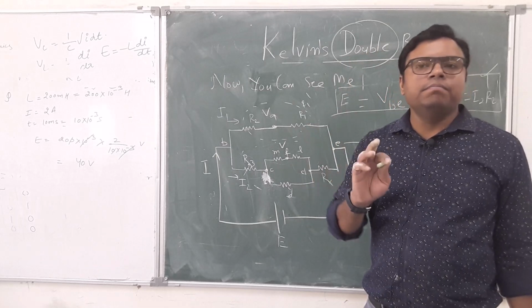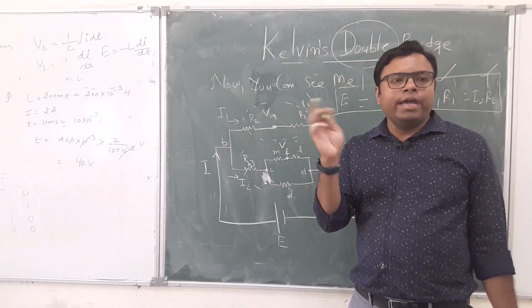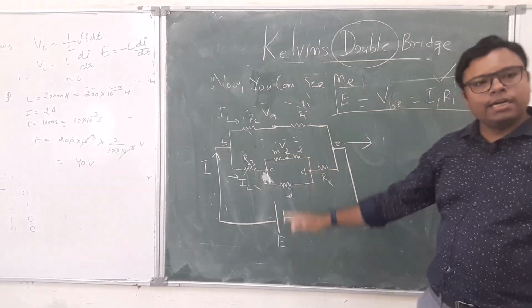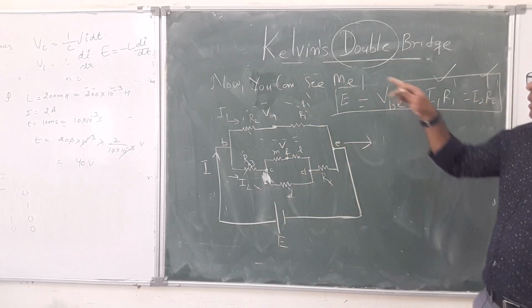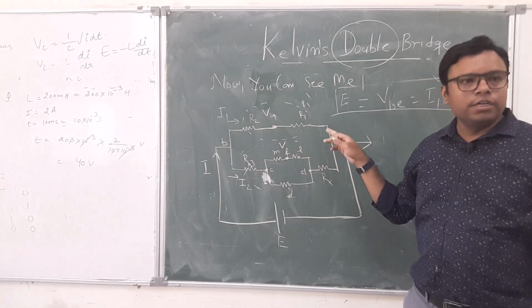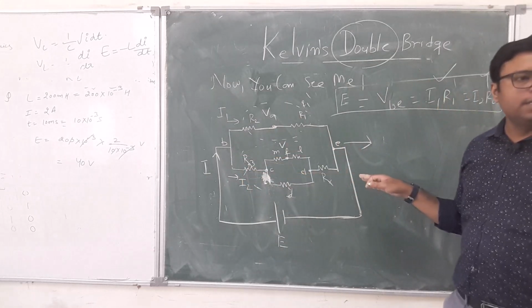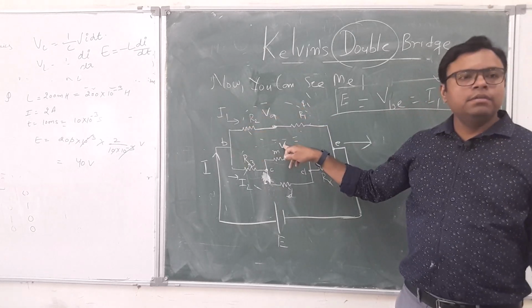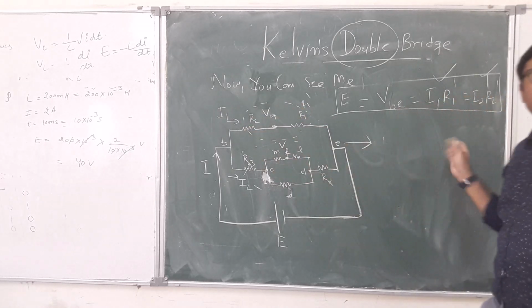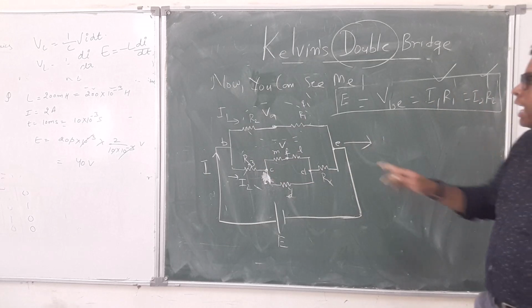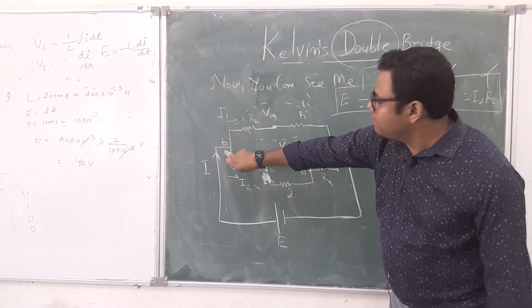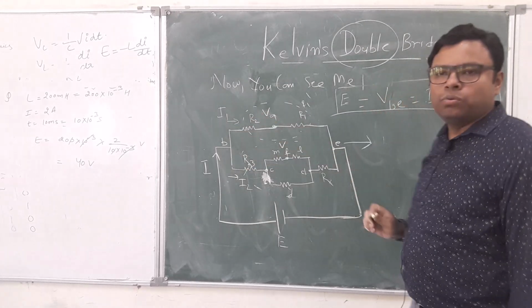So if you recall the way I did the Wheatstone bridge, I first put all the conditions, then I started from here: the voltage drop in this R is equal to the voltage drop in this R, and then I replaced I1 and I2 with the voltage drops such that both voltage drops cancel out. So I1, if I say this is I1, will be VB minus VA by R2.